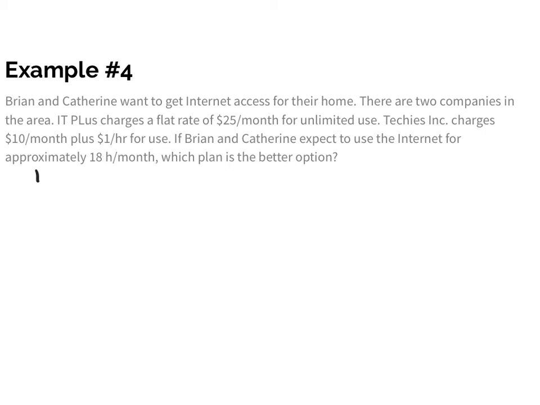But okay, so IT Plus, if we start off thinking about what is the rate, it is $25 per month for unlimited use. So IT Plus is just going to cost you $25 per month.